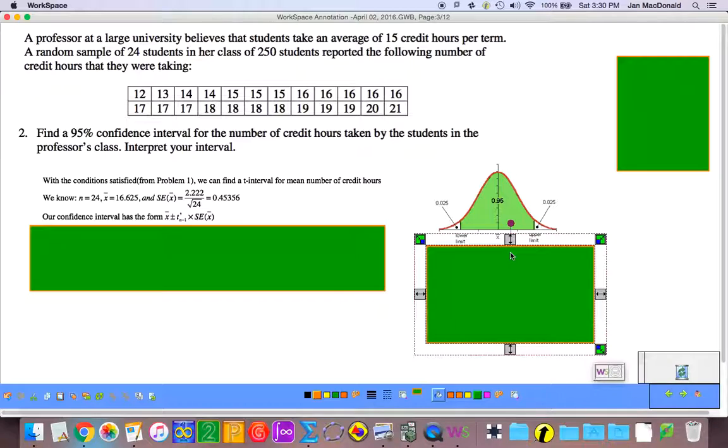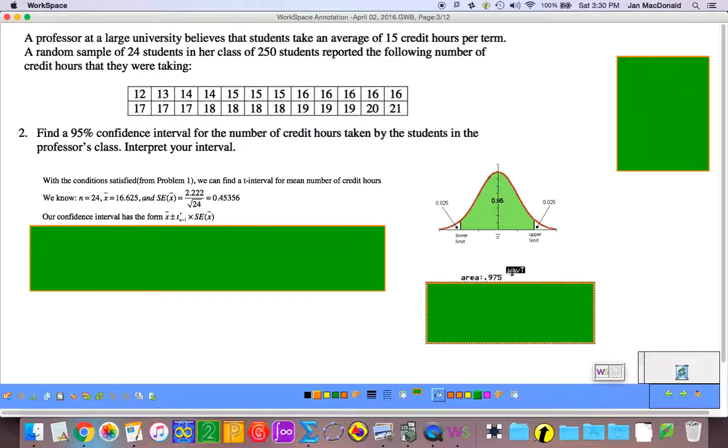So we're going to go to our calculator. We're going to go to our distribution menu, and we're going to arrow down to inverse t, because we have area under the curve and we're trying to find a t value. So our area is 97.5% of the curve, or 0.975. We have 23 degrees of freedom.